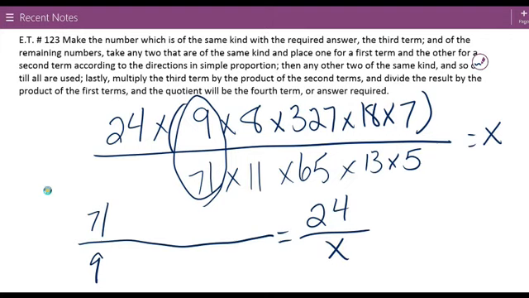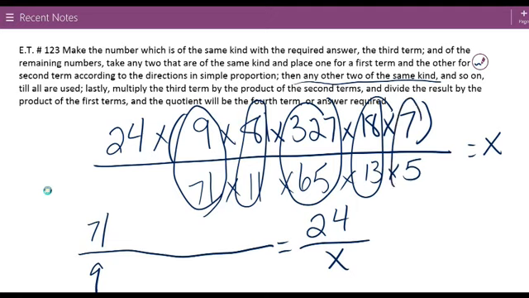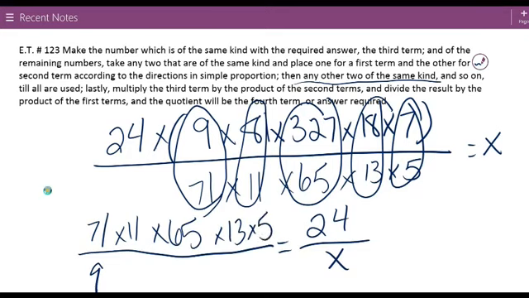And then any other two of the same kind, and so on till they are all used. So we're going to be looking at every kind, making sure that we follow the rule of what is going to go in the first place and what is going to be in the second place.